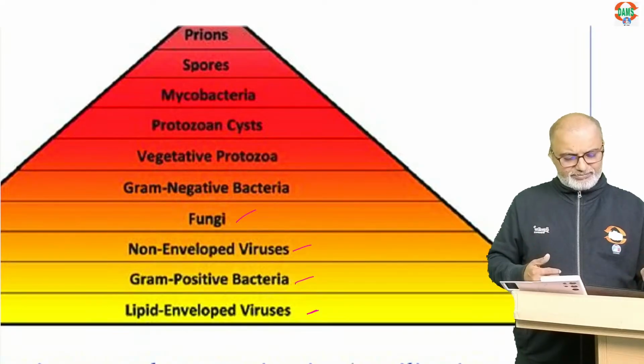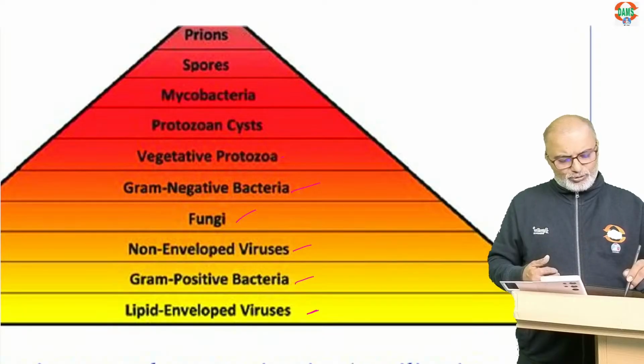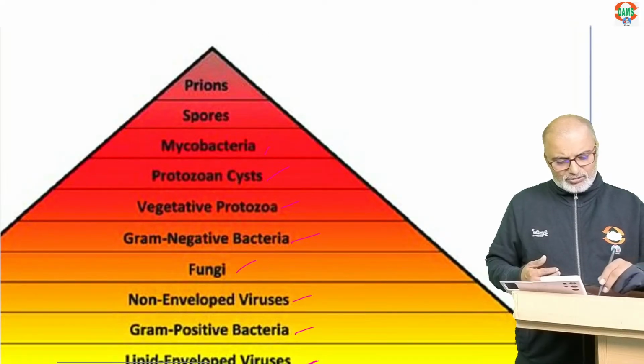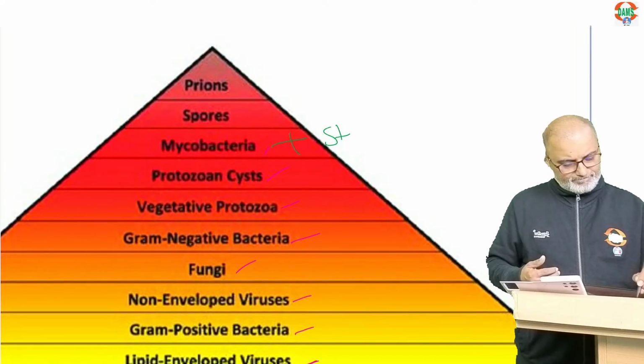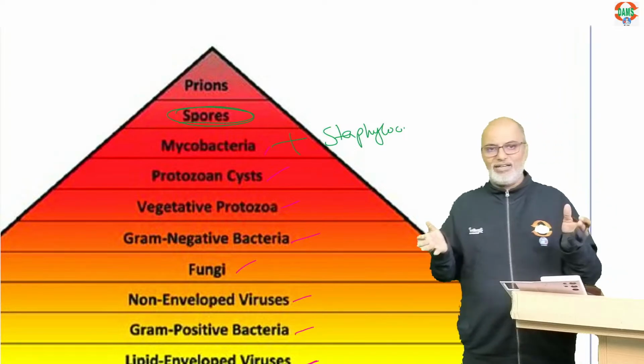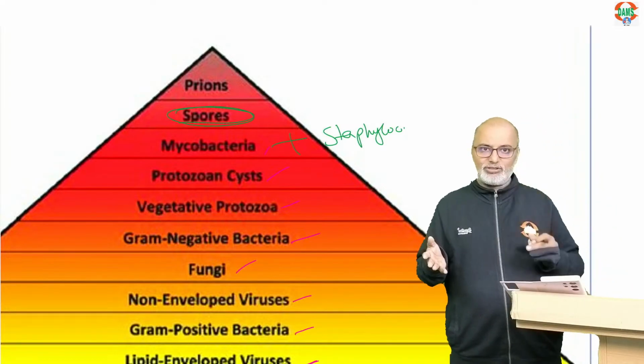After that fungi. Next is gram negative bacteria. Next is protozoa, trophozoites. Next is cyst. Mycobacteria, Staphylococcus or another group. Finally, spores. Practically, spores are most resistant.